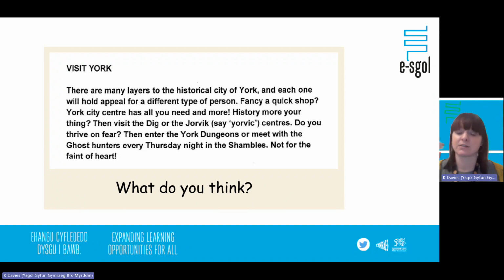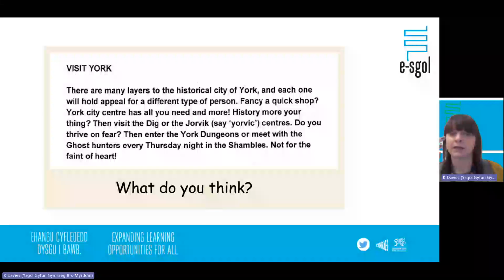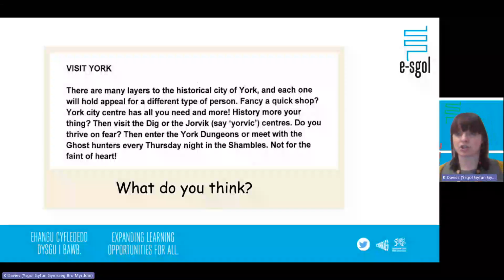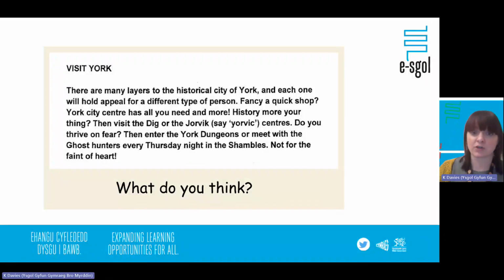So the tone of that, I don't know whether you could hear it when I'm reading through, is really, really clear. Okay, the candidate, this particular guide, is trying to engage and trying to persuade and encourage you to visit York. And what they're doing is they're trying to show that whatever place they're trying to get you to go to, it appeals to multiple audiences.